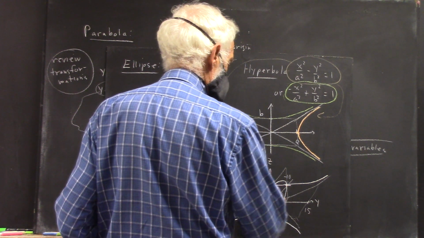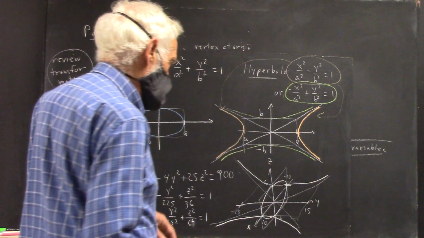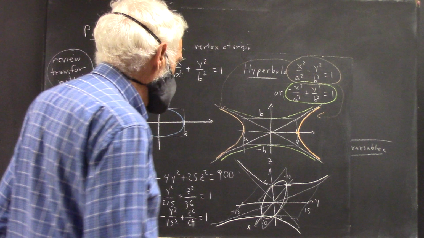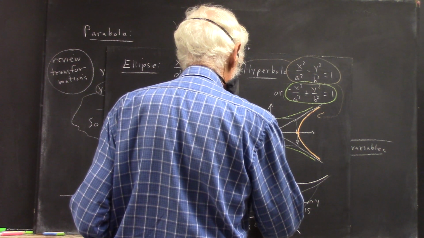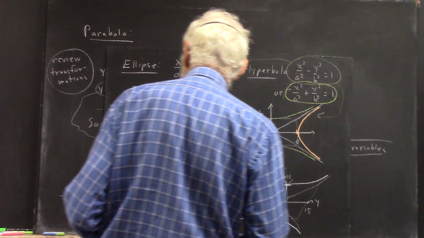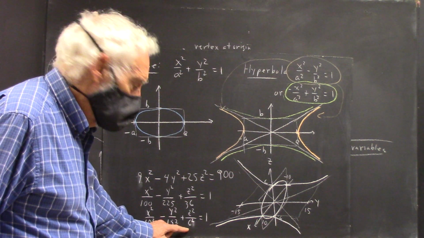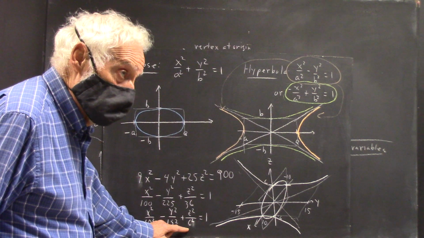I kind of cheated on the shape of the hyperbola, so I missed that 6, but you get the idea. Okay? And then what about the YZ plane? What have you got there? Well, again, you've got a hyperbola.